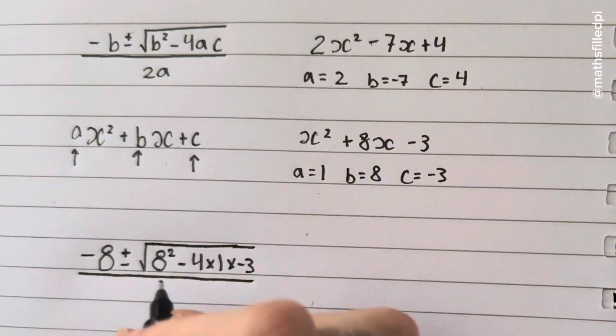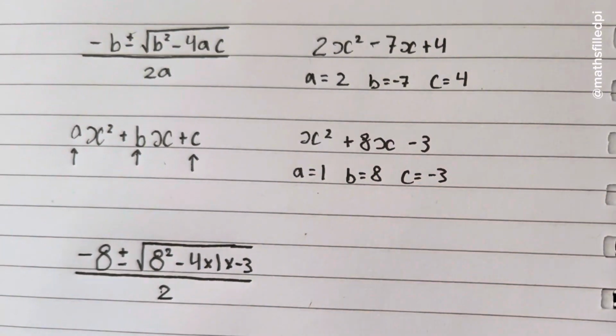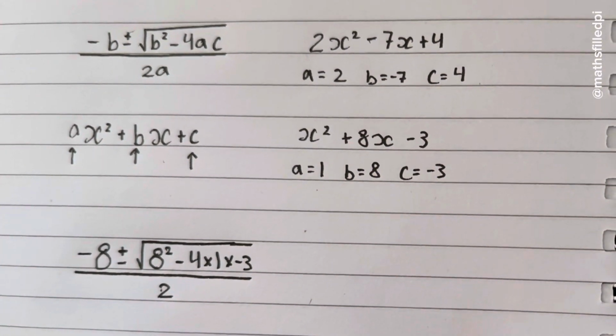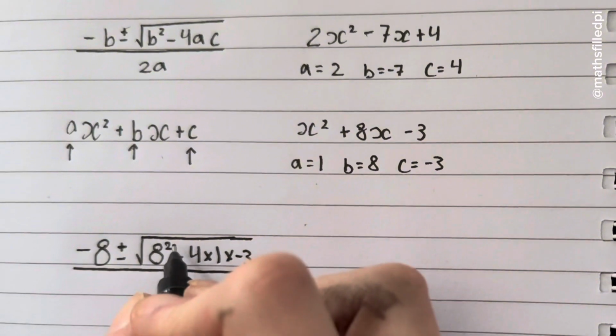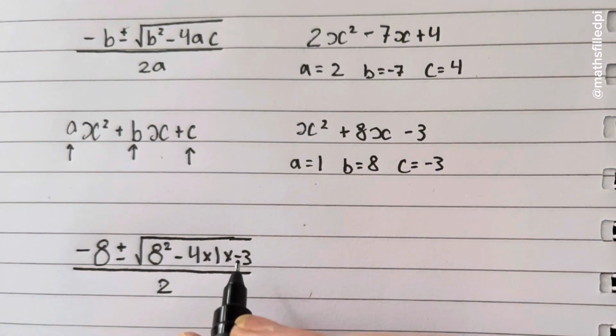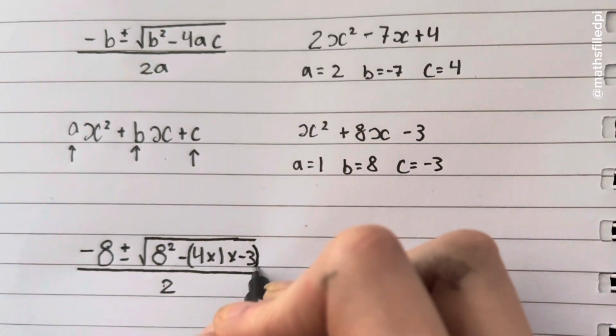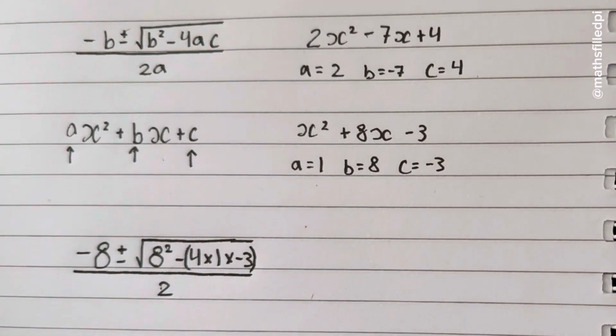Our a is 1, so that means it is all over 2. Now, just for ease while we type it into our calculator, we're going to put brackets around this, just like that.